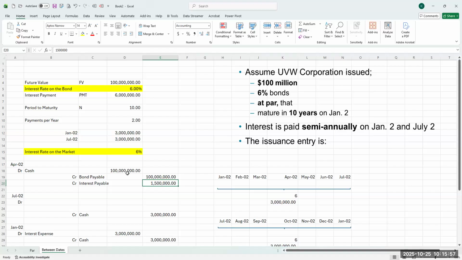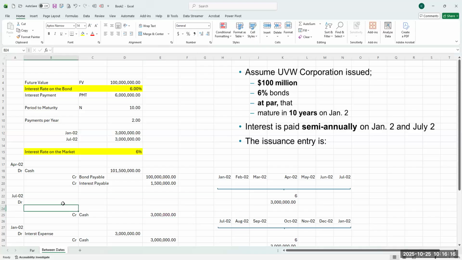So the cash I'm going to receive is not going to be 100 million. It's going to be 100 million plus 1.5 million. Now, on the payment date, he's going to get his 3 million. Don't worry about it. He's going to get the cash 3 million.